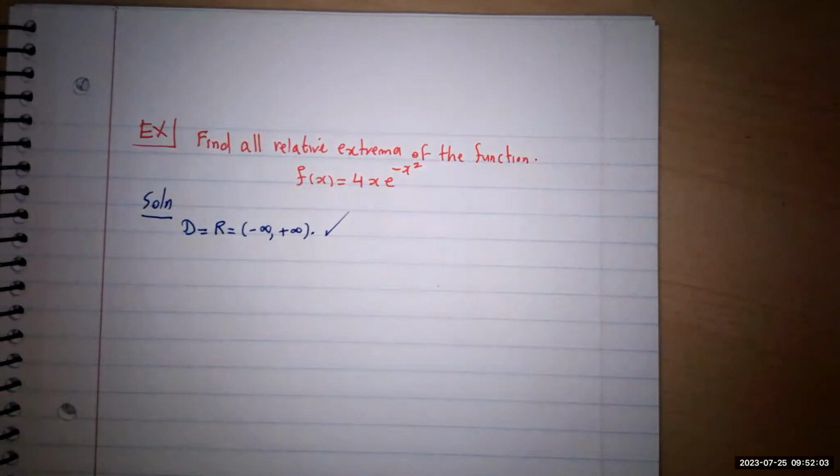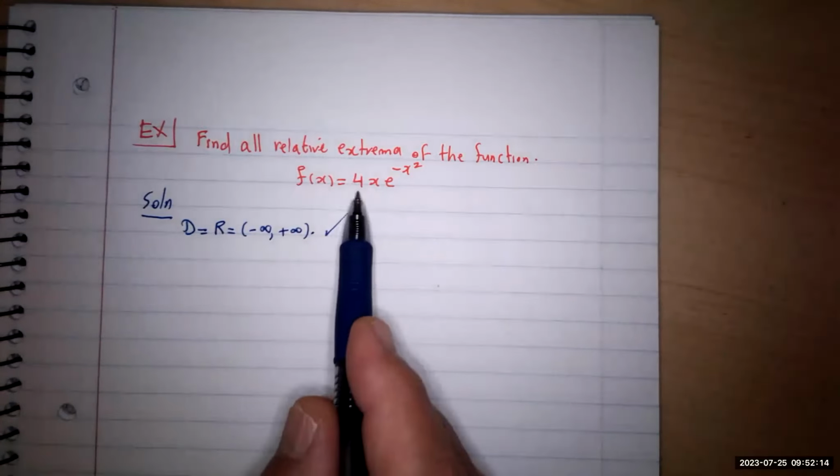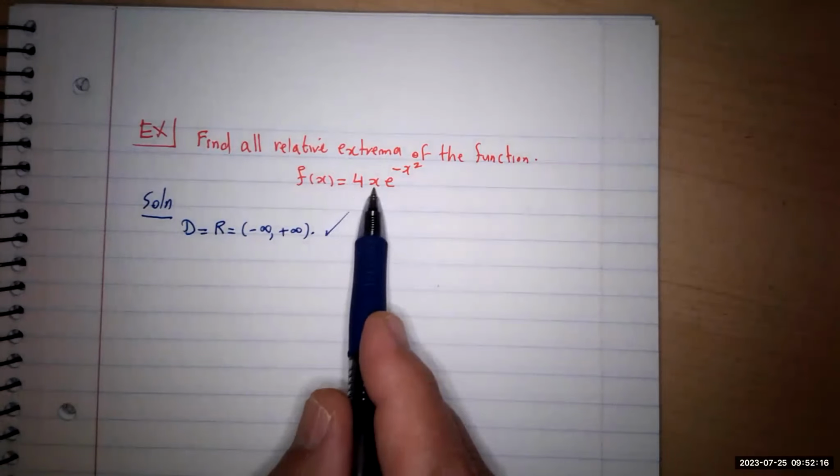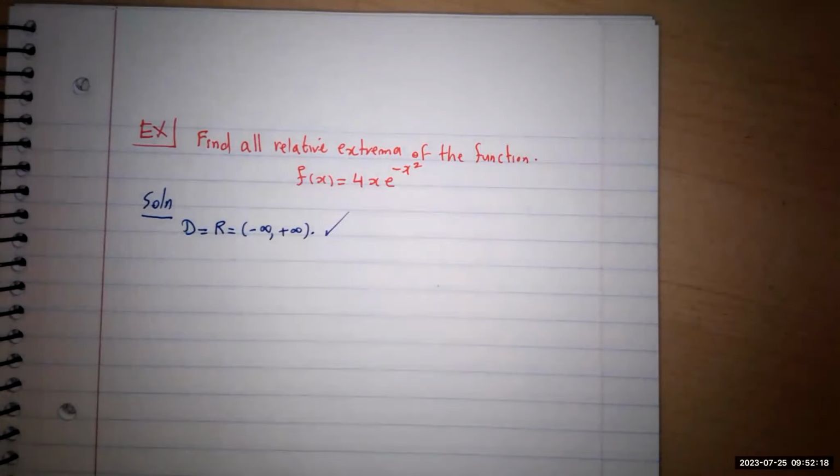Step two, you have to differentiate it, and this is where you have to be careful. When you differentiate it, make sure to apply the product rule, because the first function is 4x and the second function is exponential.